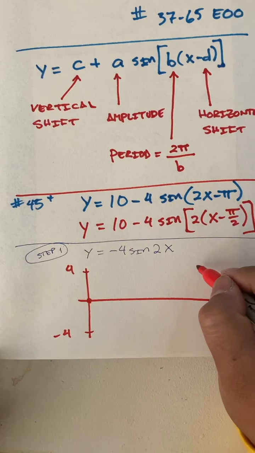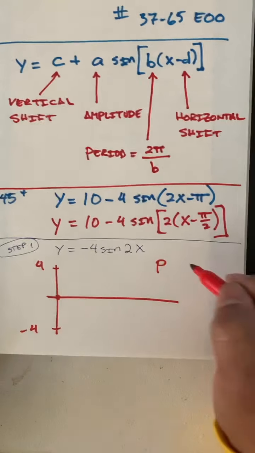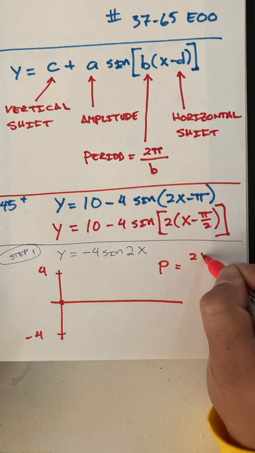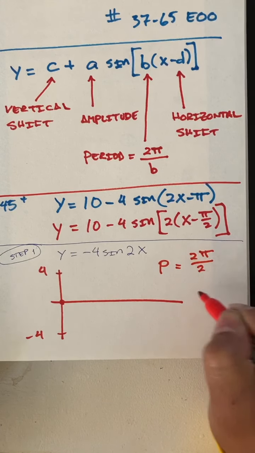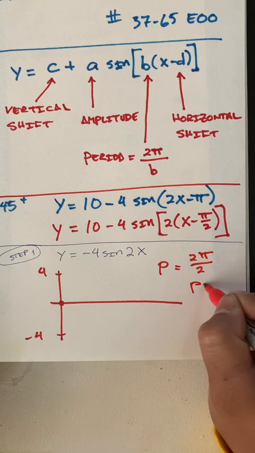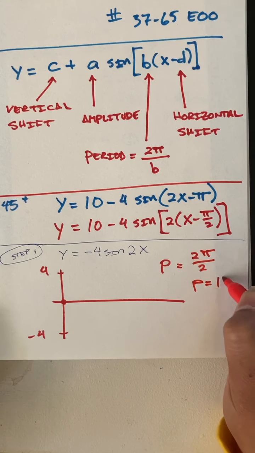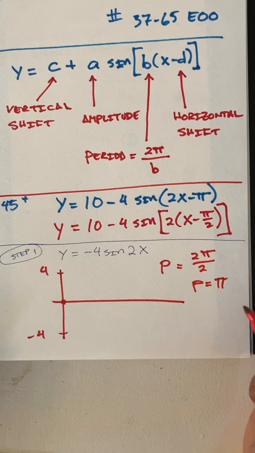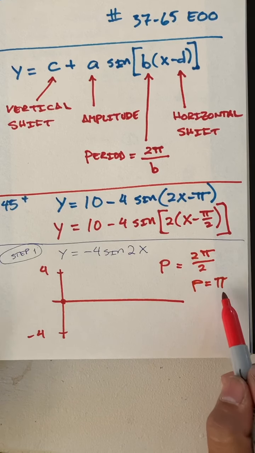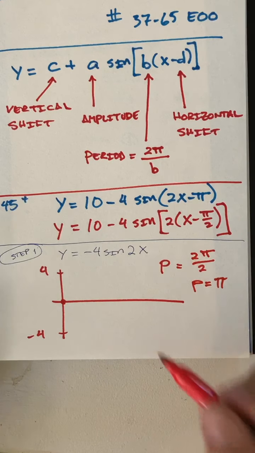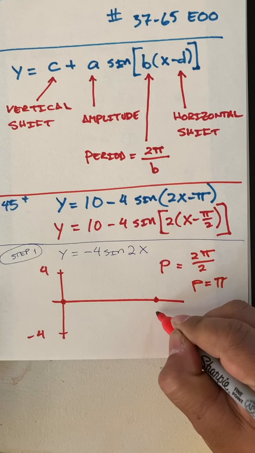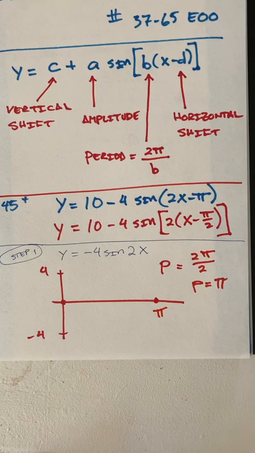Okay, now our period is equal to 2 pi over 2. So our period is just pi. So what that means is I can complete a whole cycle by the time I get to pi. All right, so I'll put that pi right there.